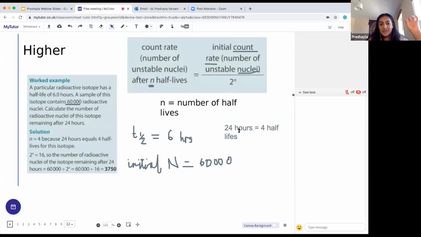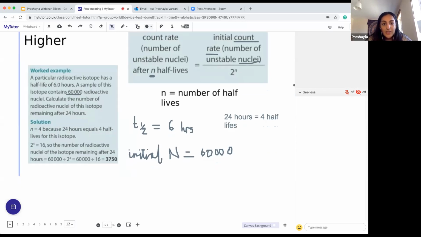It splits the number of nuclei in 2 every 6 hours. So we know that n, the number of half-lives, is 4. n equals 4 because 24 hours equals 4 half-lives for this specific substance. Now we need to put n into our equation.